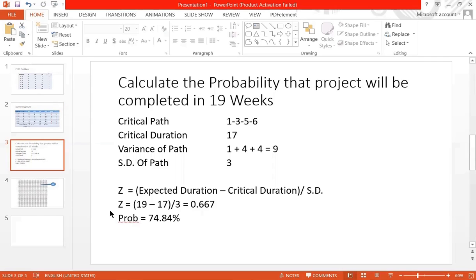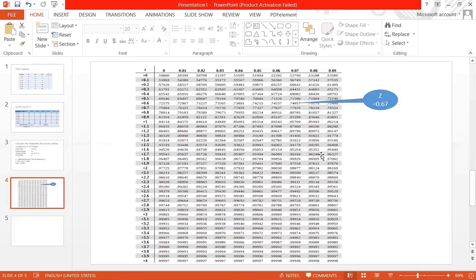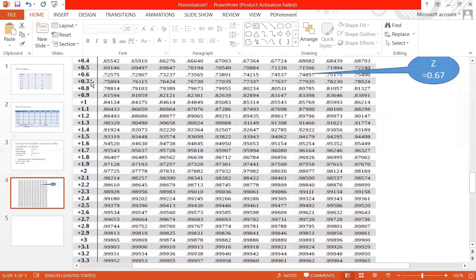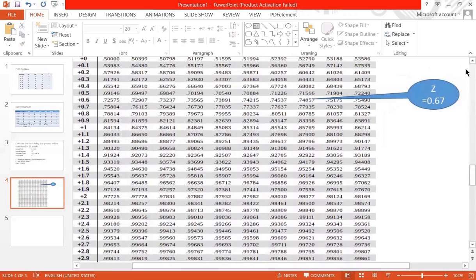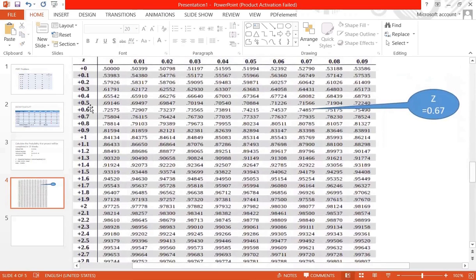Okay. Now we need to find the value of probability against Z is equal to 0.667 or 0.67 we say. So this is the Z table. नॉर्मल डिस्ट्रीब्यूशन की जो टेबल है उसमें हम देखेंगे. नॉर्मल डिस्ट्रीब्यूशन की टेबल में हम 0.67 पे वैल्यू देखेंगे. ये रहा हमारा 0.6 और this 0.6 and 7.